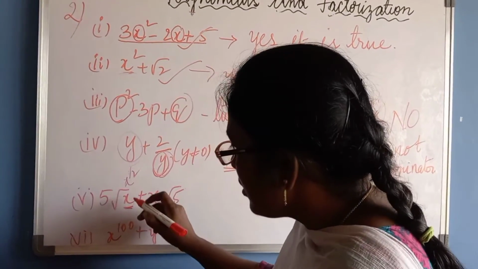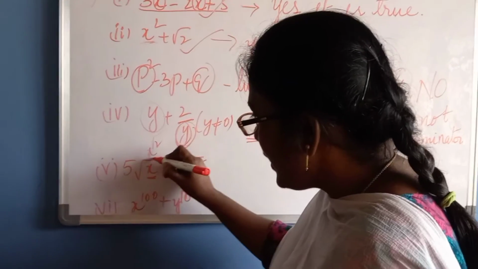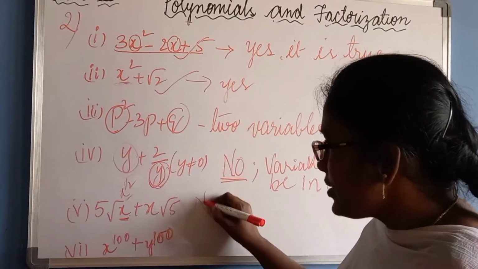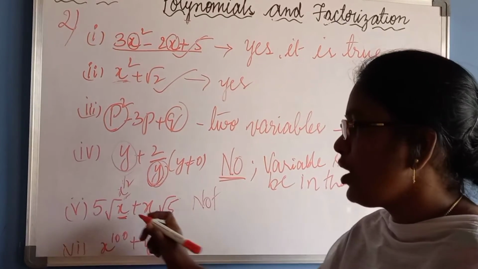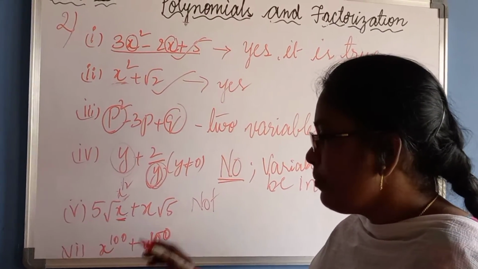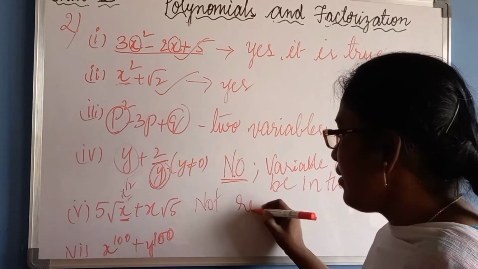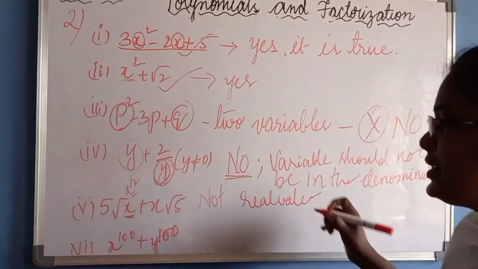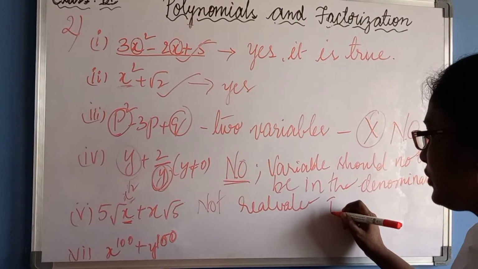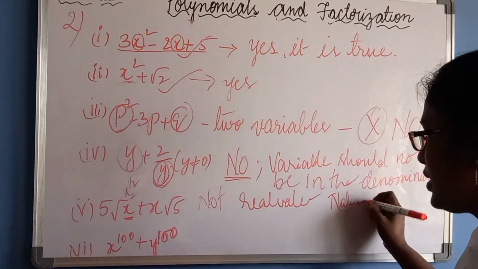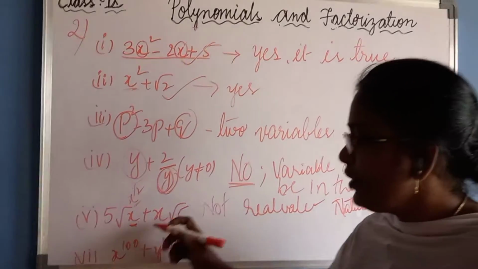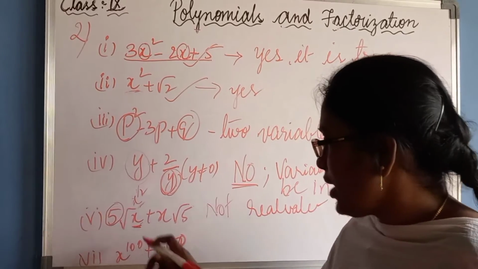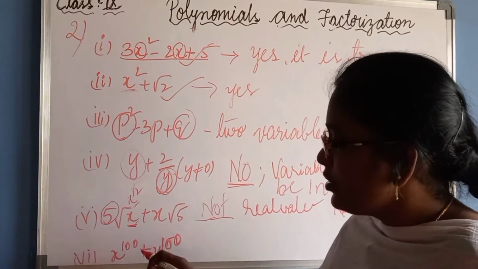It is to the power of 1 by 2, so it will not satisfy the condition of a polynomial. We will not get integer values like natural numbers and integers when mixed with the constant values. Hence it will not satisfy.